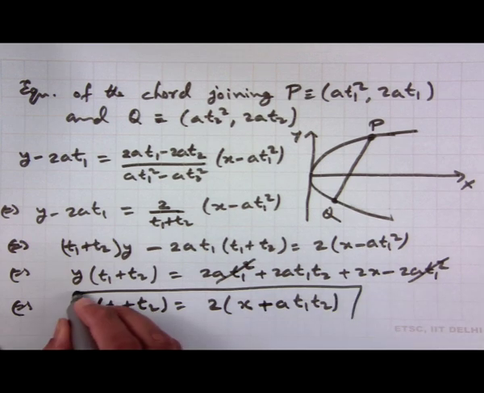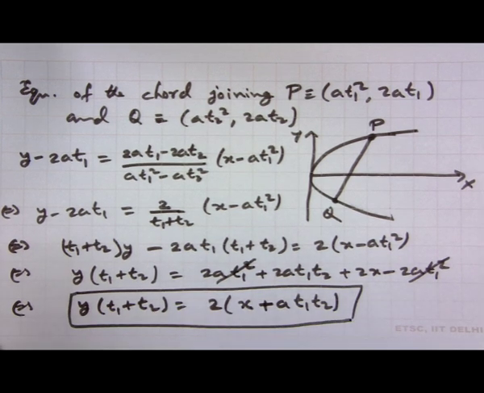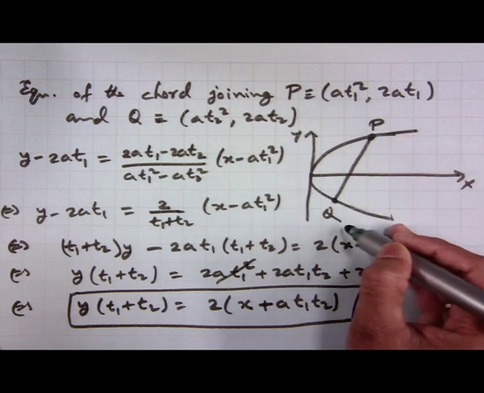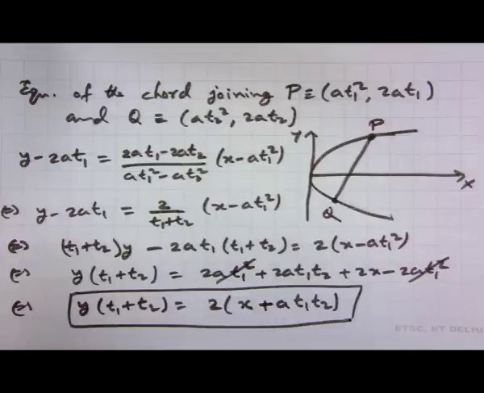Let us record this formula. This is the equation of the line joining point (a t 1 square, 2 a t 1) and (a t 2 square, 2 a t 2).